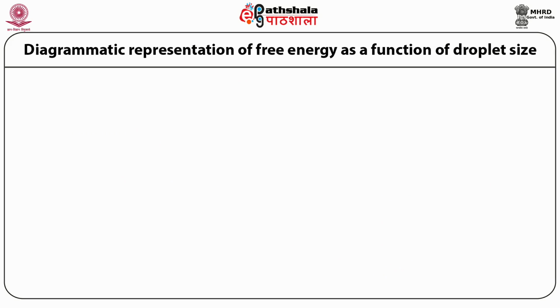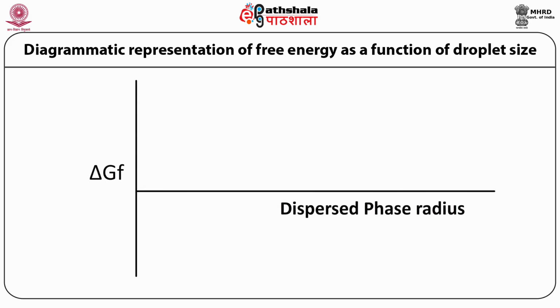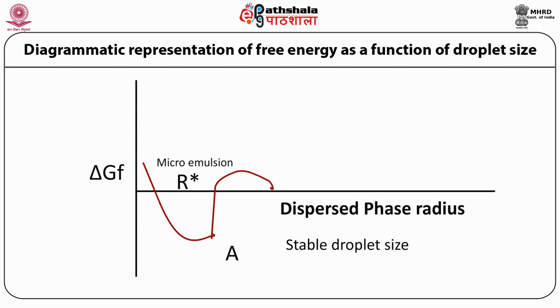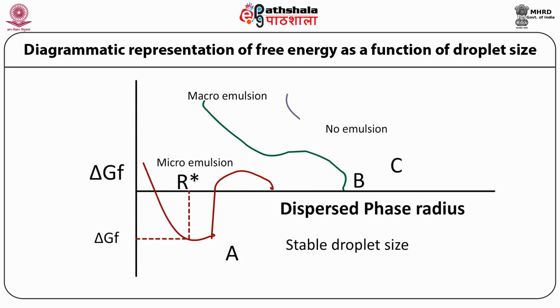This is the diagrammatic representation of free energy as a function of droplet size. You can see when there is a negative delta GF, there is a stable droplet size and microemulsion formation takes place.